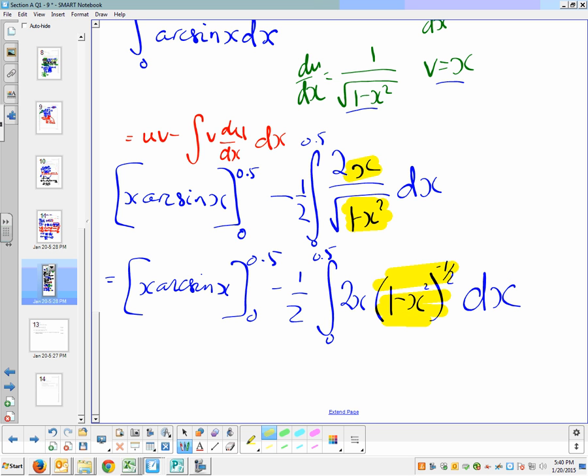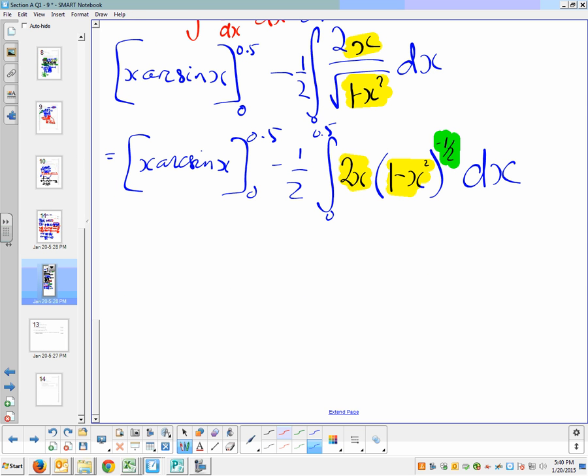Since this differentiates to this, all I have to focus on is what happens to the power. It's the inverse chain rule. So what would that integrate to?